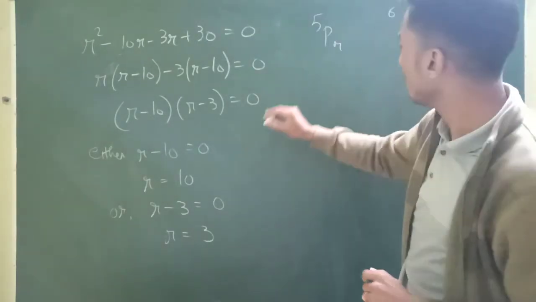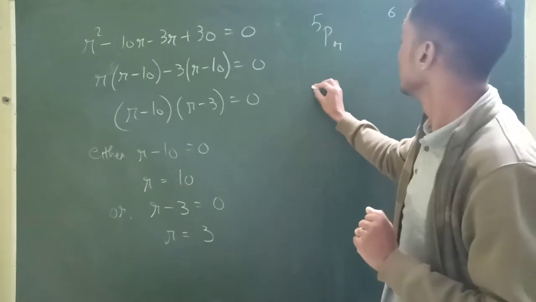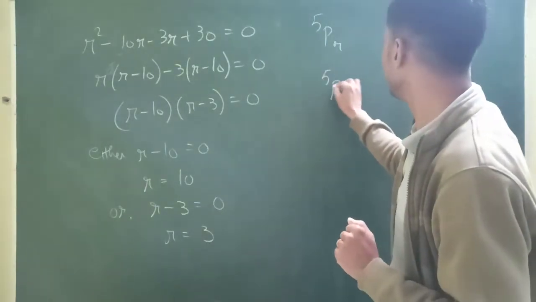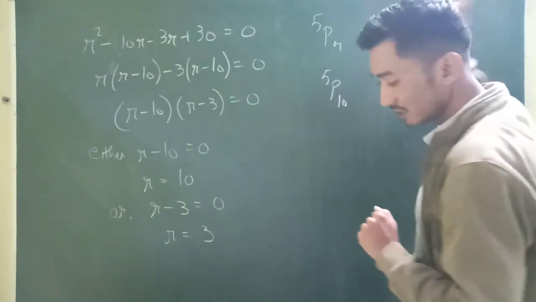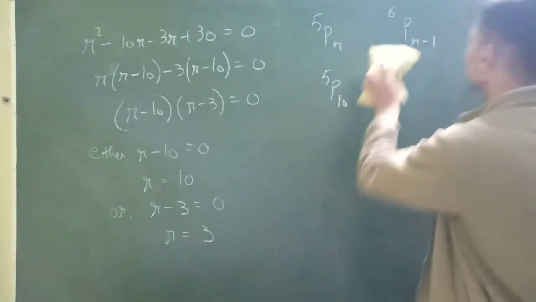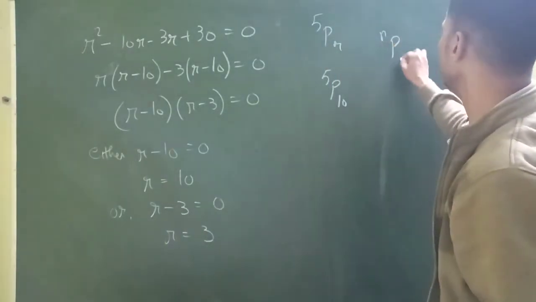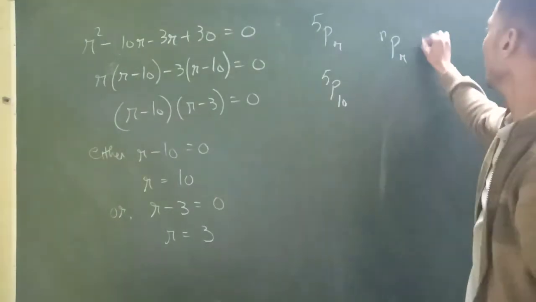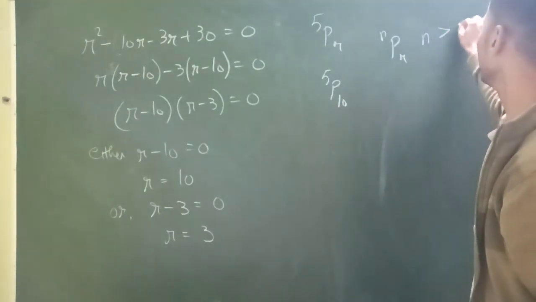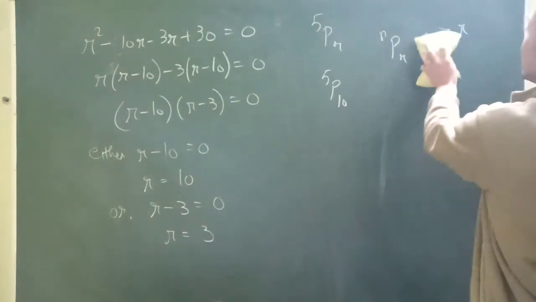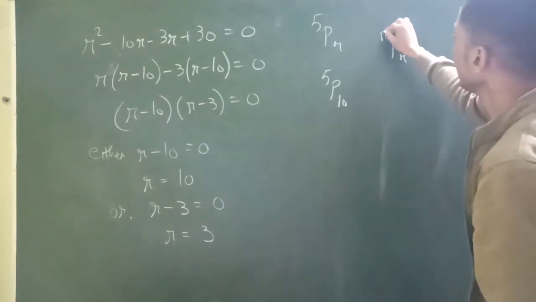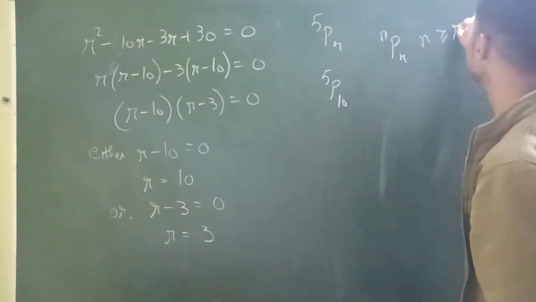Now for example, if r was 10, we would have 5P10 here itself. This one is not even needed then in that case to decide. Now that is not possible, isn't it? Because we have mentioned before that for nPr, n should always be greater than r, or at the most equal to r.